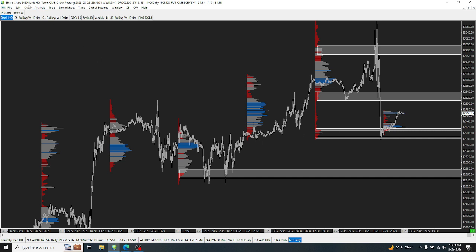So if I would have held that, let's just draw this again. This would have been basically the stopping point. If I would have kept that on there, which I kind of remember just off of reference, this would have been the area of interest, and it's also this daily.